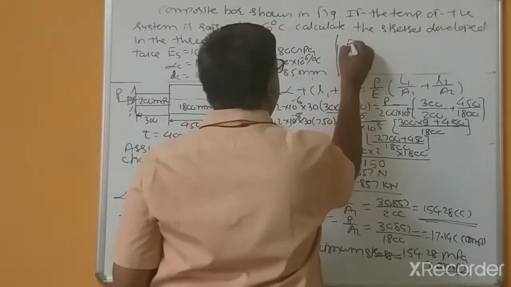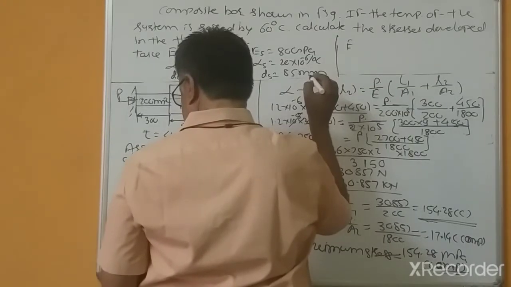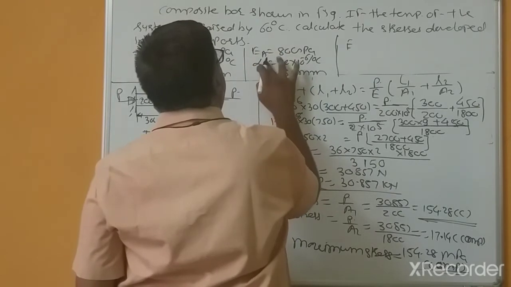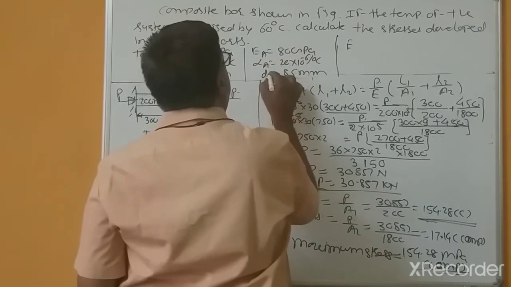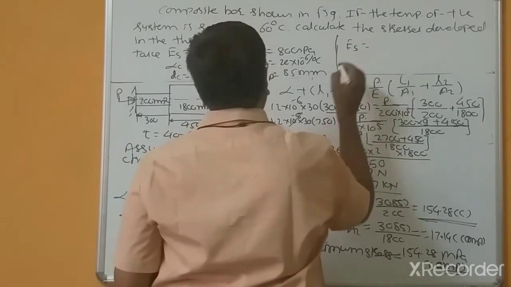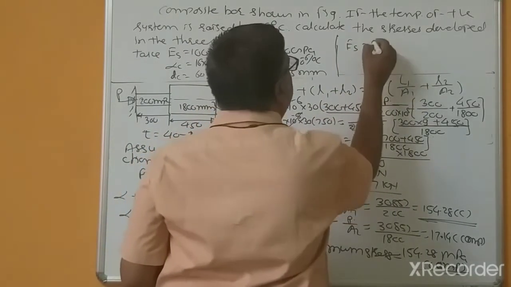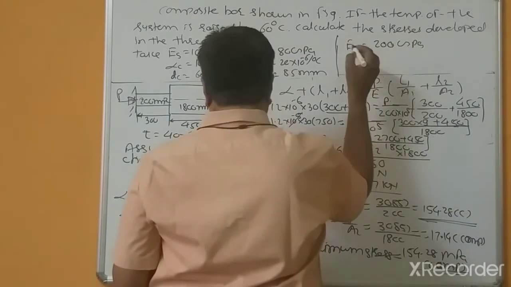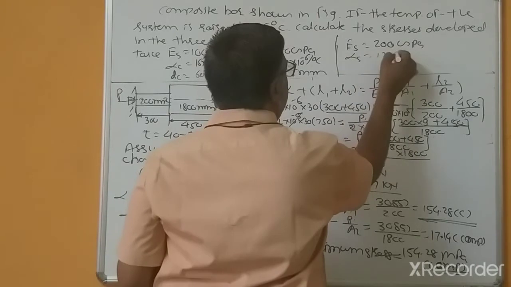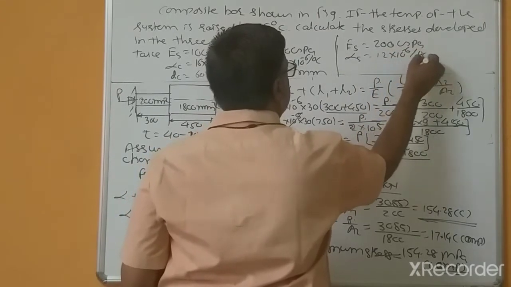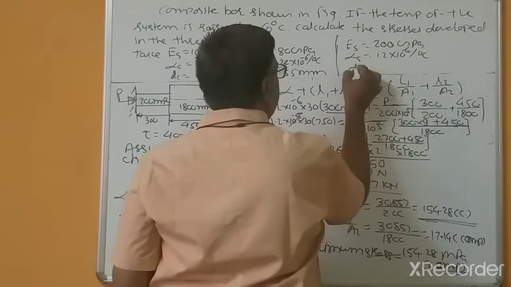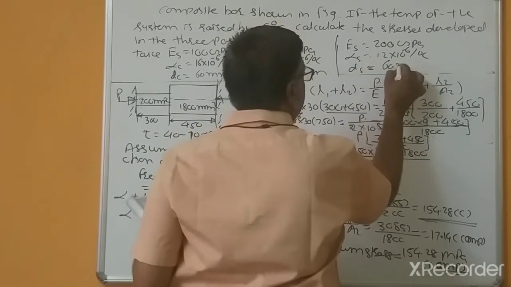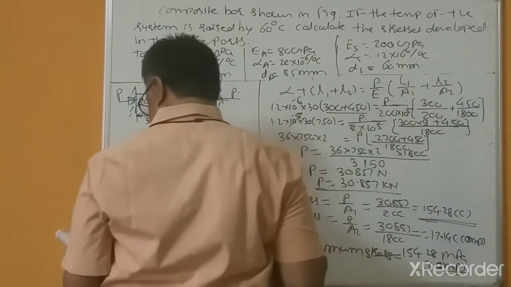Now this is for aluminum material. This is for steel, 200 gigapascal. This is alpha S 12 into 10 to the power minus 6, and DS equal to 60 mm.